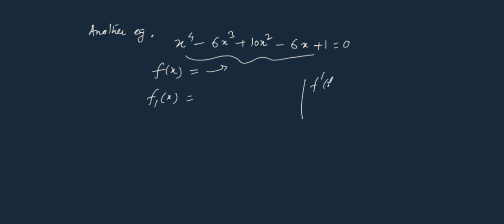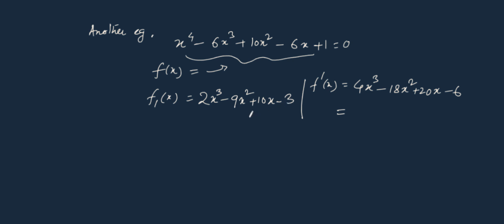Let's calculate f dash x, that is the first order derivative of f of x. So 4x cube minus 18x square plus 20x minus 6. Okay, so removing factor 2 we will get 2x cube minus 9x square plus 10x minus 3.